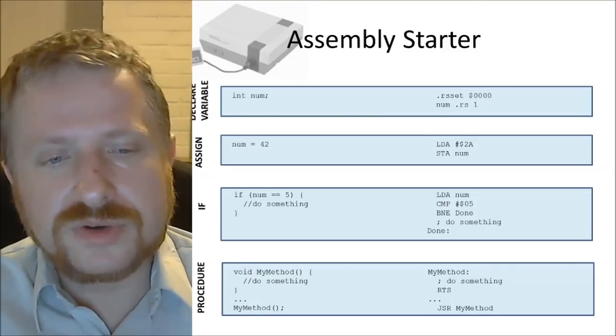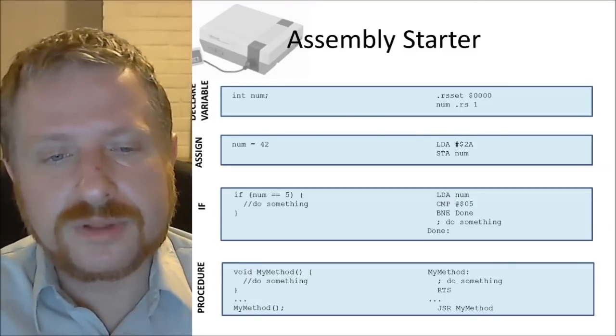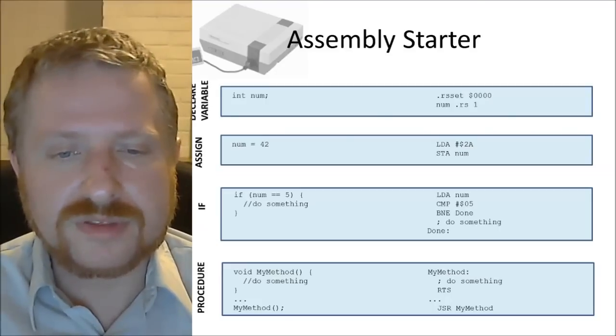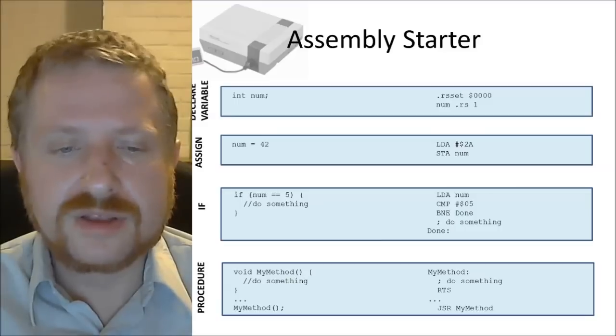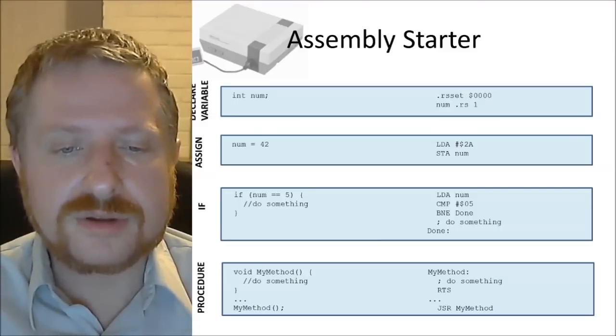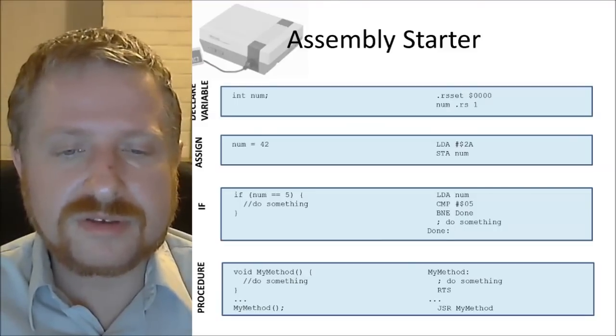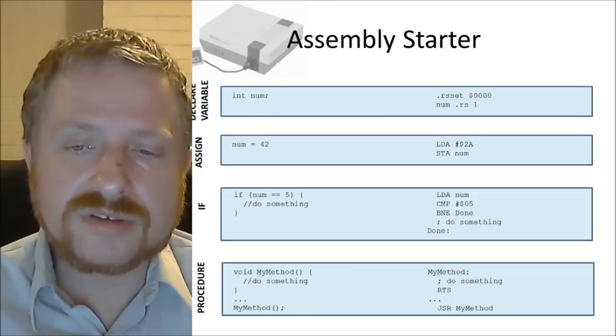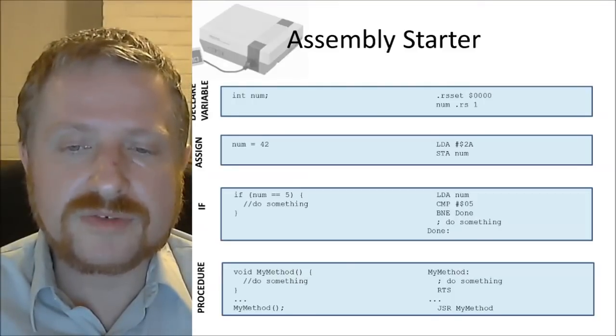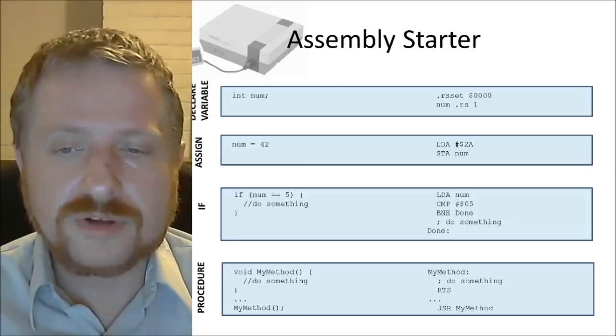For a procedure in a traditional language, we would do something like void my method with the parentheses and open and close curly braces. Then we call that method just by using the method name, then 2 parentheses and a semicolon. In the 6502 assembly, we have a label, my method, followed by a colon.